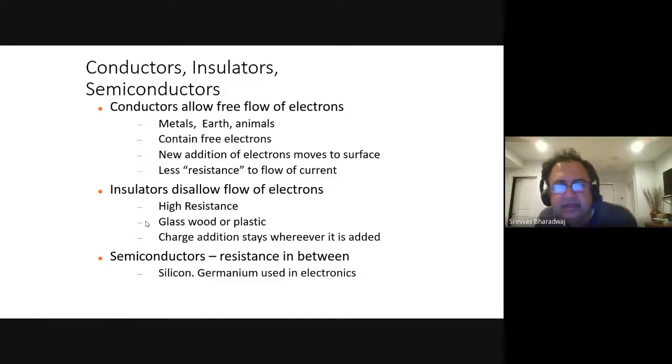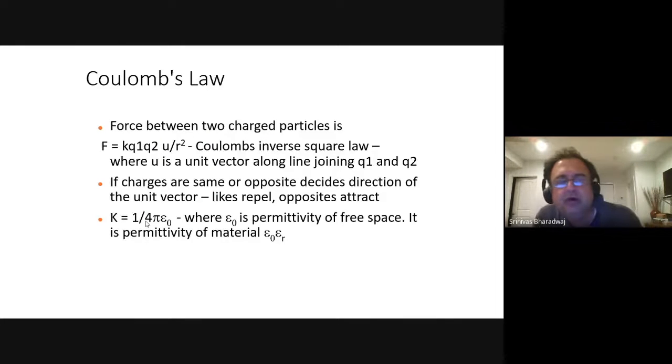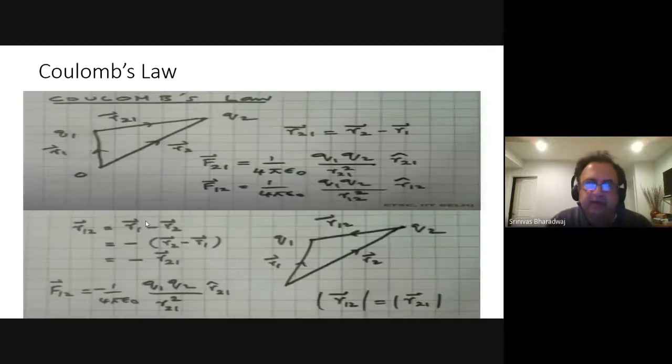Now the third type of materials are called semiconductors, right? Then Coulomb's law, K Q1 Q2 by R square. Force is as always a vector, and Q1 and Q2 are the individual charges. R square is the distance between them. K is 1 by 4 pi epsilon naught, right?